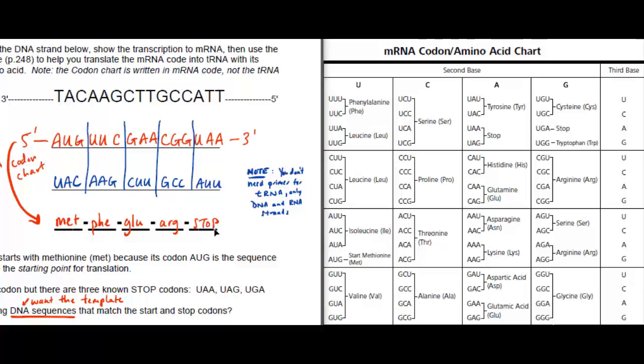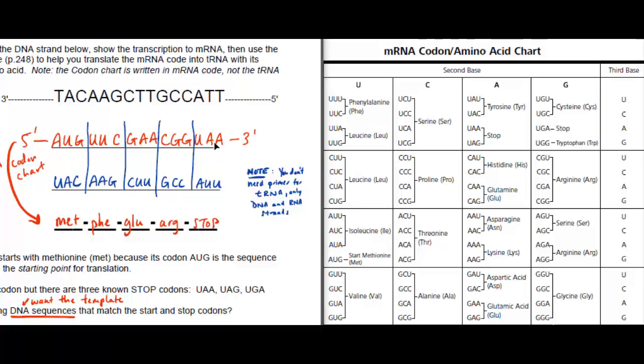Okay, so it's useful then to know if the stop codes are UAA, UAG, and UGA, and if the start code is AUG, the methionine down here, then it's also useful to know what the actual DNA sequences would be so that you can start to recognize. So basically, for example, you would see AUG as your start codon, which means TAC on the template strand will always be the start on the DNA.